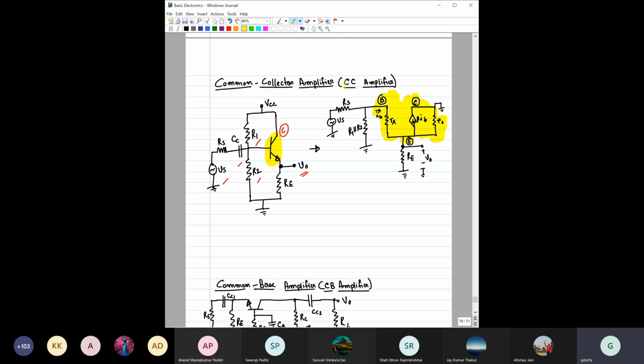Now draw the remaining part. R1 and R2 are in parallel, connected with the base. With this base you have RS and VS. At the emitter terminal you have RE, and across RE you are taking the output voltage. And the collector terminal is directly grounded. As simple as that.